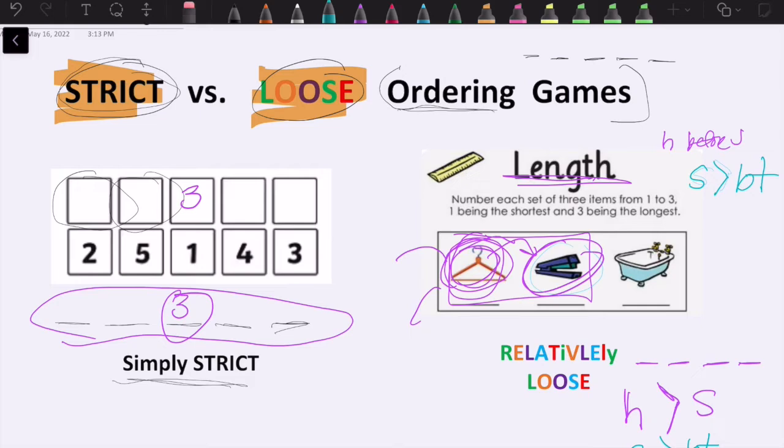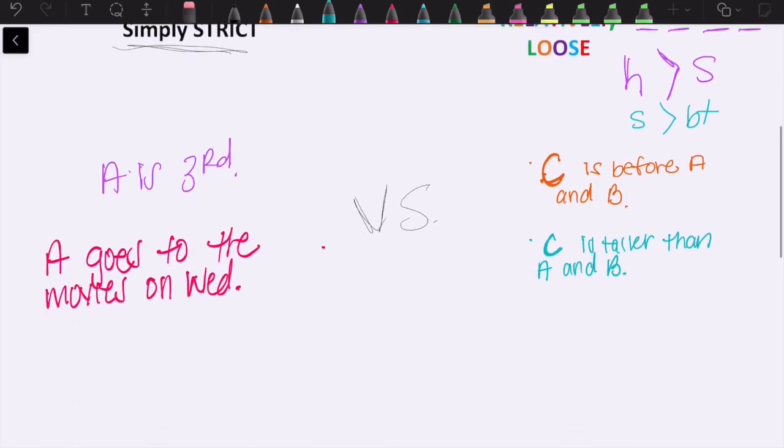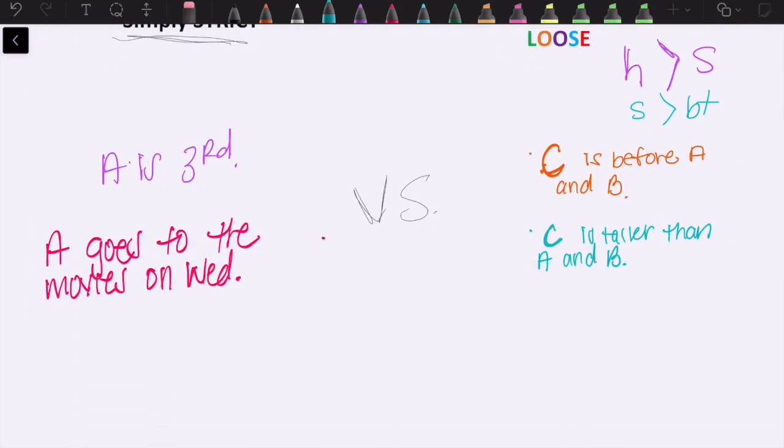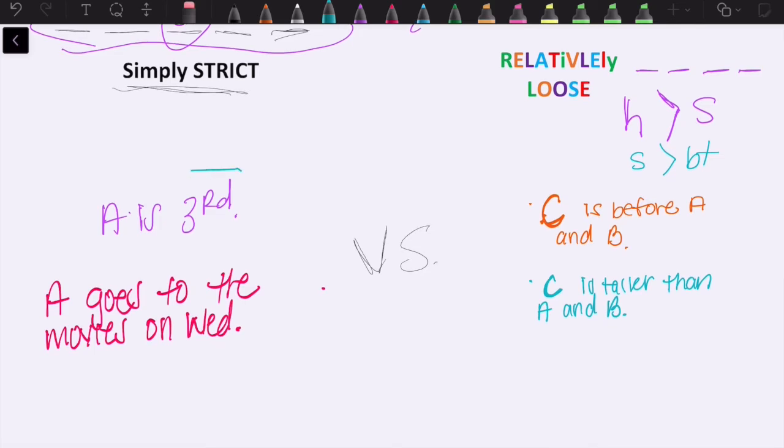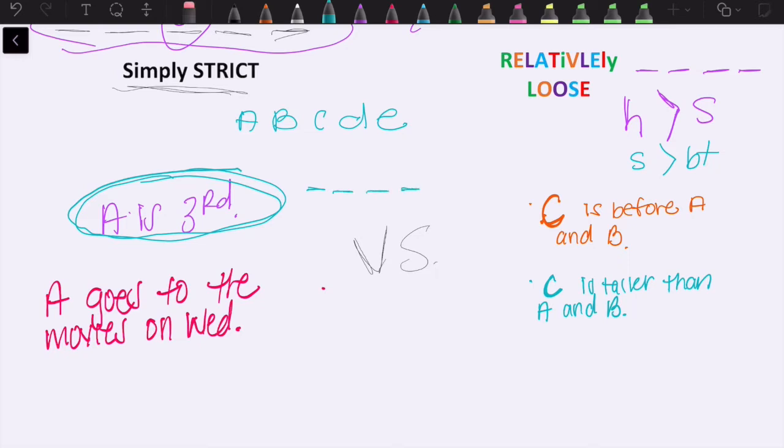The difference between what these rules might look like is that a strict game might tell you something like A is third. So if our variables were A, B, C, D, and E, and it tells us straight up that A is third, we're going to just put A right in number 3 because it's strictly there.